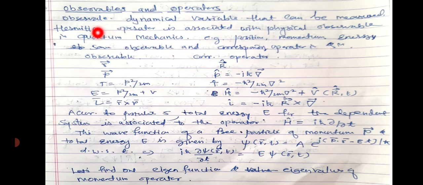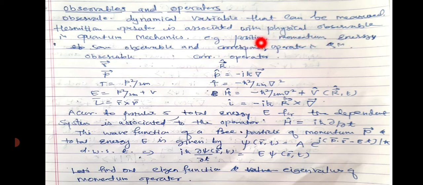Hermitian operators are a very special type of operator. Every observable is associated with an operator. In quantum mechanics, for example, position, momentum, and energy are some observables, meaning we can observe the position of the particle, momentum, and energy.